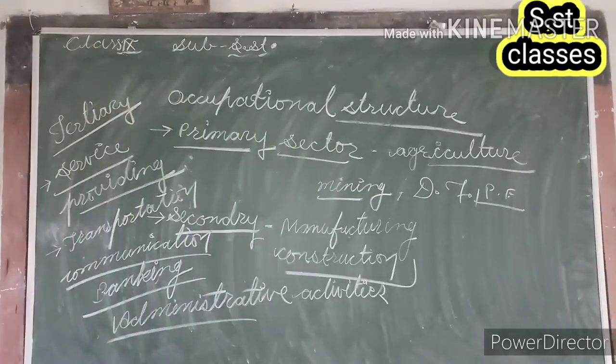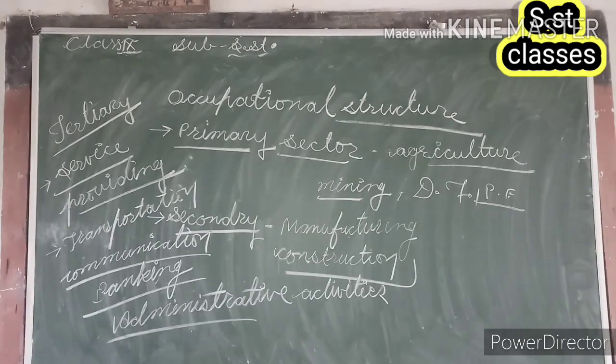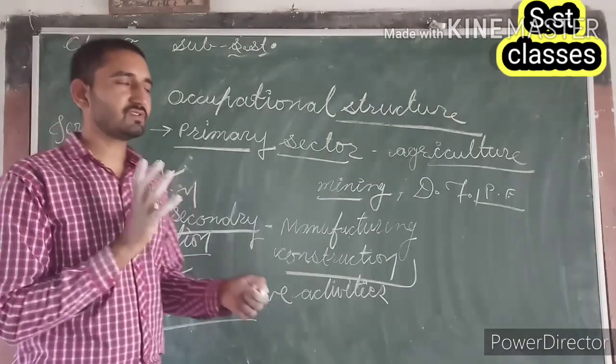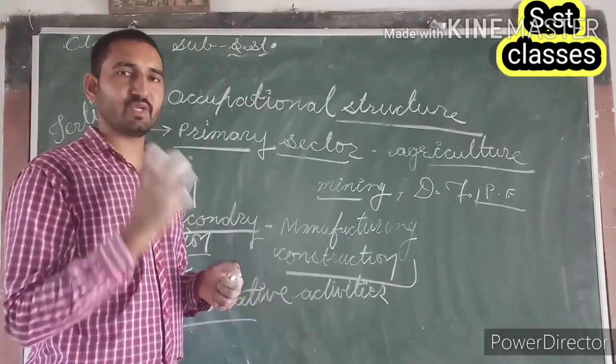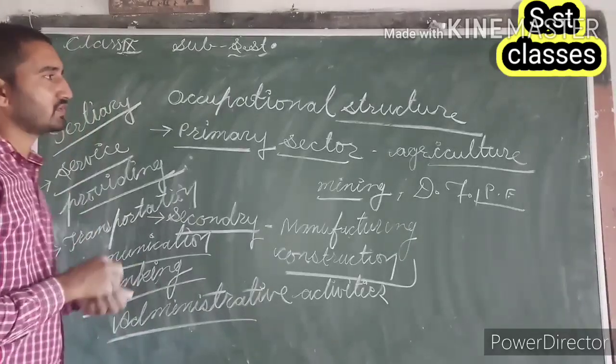Is that clear? So in this way, on the basis of occupation, we can divide the occupational structure in three categories: primary sector, secondary sector and tertiary sector.